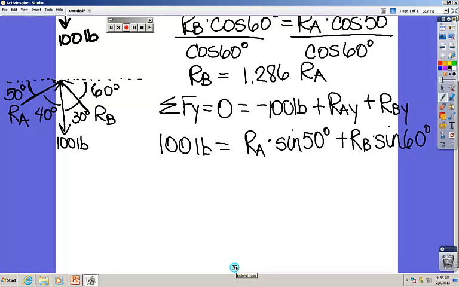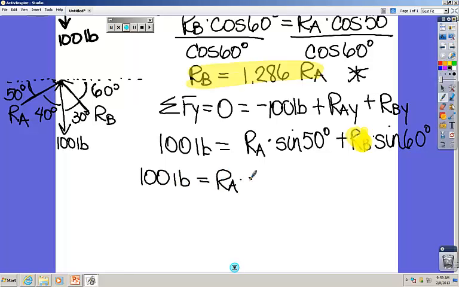Okay, so now we need to take RB and substitute it back into this equation. I put a star by it there, and you can see it highlighted. I'm going to plug it in for RB right here. So now we have 100 pounds is equal to RA times the sine of 50 degrees plus, in parentheses, 1.286 times RA times the sine of 60 degrees.